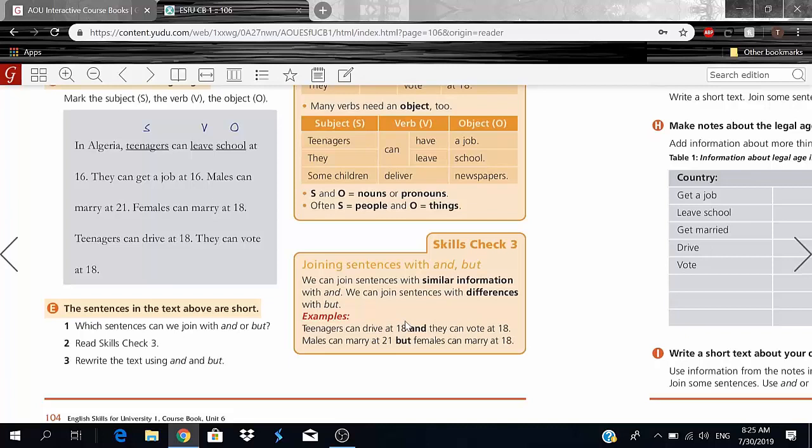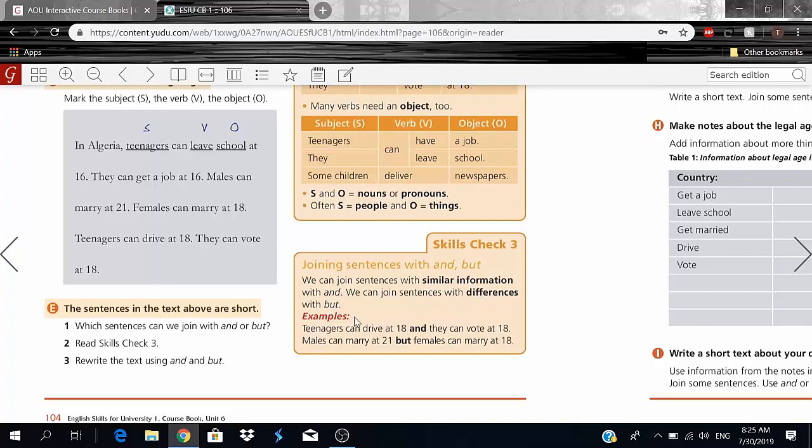Okay, so for example, if I say, the legal driving age is 18, and you can also work at 18. Okay, these are similar points, so I can use and to add them together. Okay, but when joining sentences with different information, we use but. Okay, so let's have an example here.